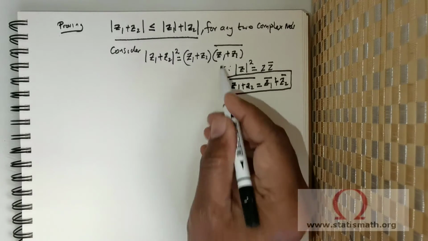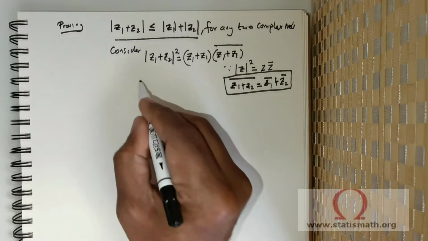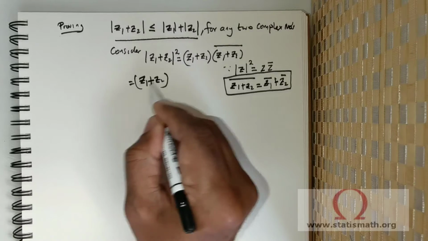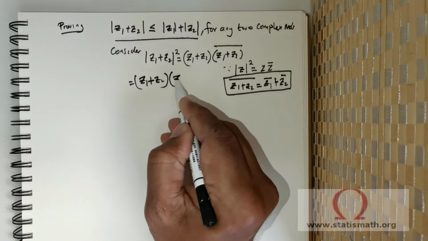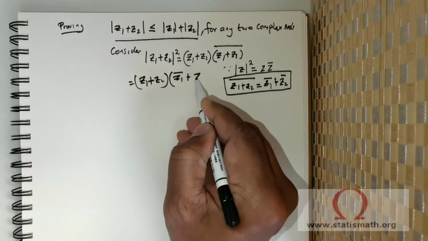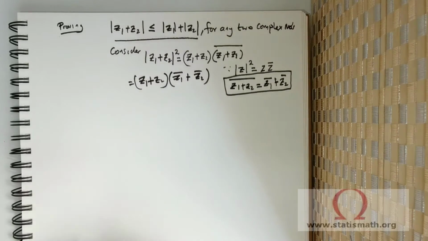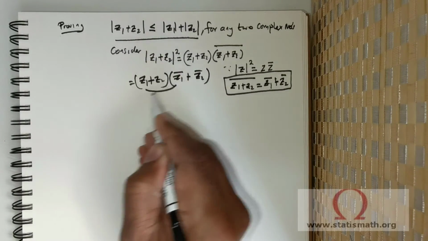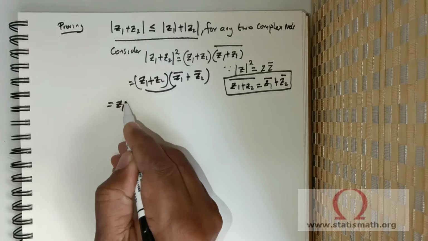Because of this fact, I can rewrite this as z1 plus z2 multiplied by z1 conjugate added with z2 conjugate.